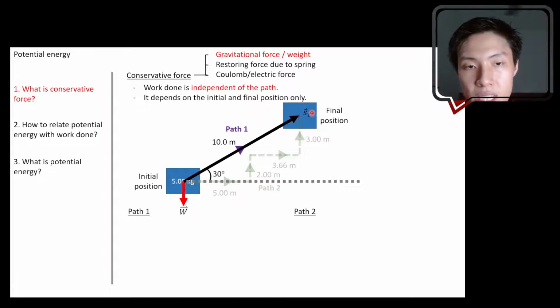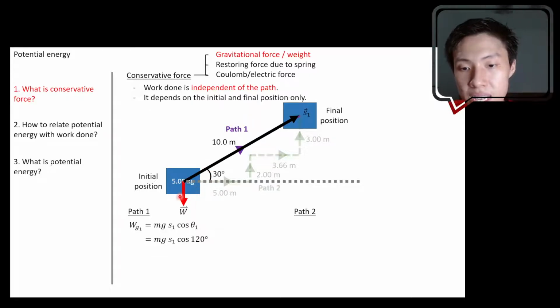So this is weight, this is displacement, and the angle in between them will be 30 plus 90 degree, which is 120 degree. So if we do our substitution, we have the magnitude of weight, the magnitude of the displacement, and cosine theta, where theta is the angle between the weight and the displacement. So theta is 120 degree because it's 30 plus 90.